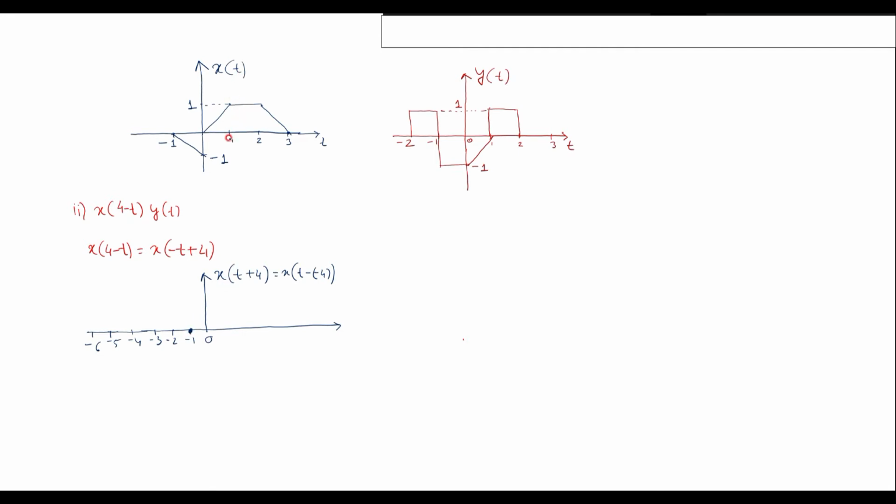And 1 minus 4, that is minus 3. So this minus 1 point will appear at minus 3. And here we have 0 minus 4, that is minus 4. So in between this 0 to 3, which exists on right hand side, will appear between minus 4 to minus 1. I'll draw here.